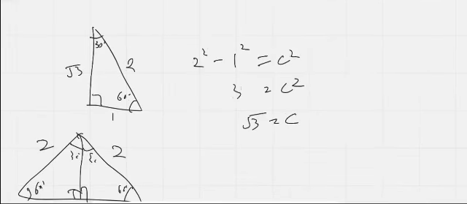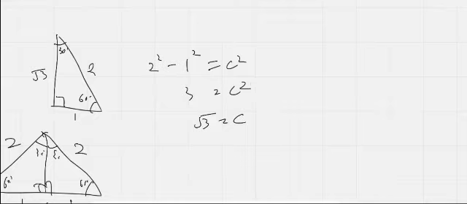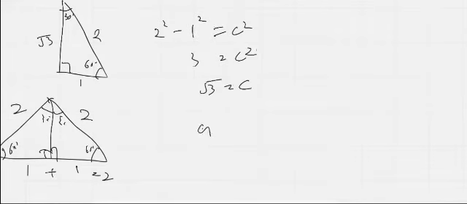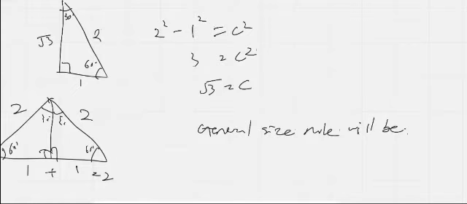And similarly for the other 45, 90, 45, the general side rule will be: the shortest length, or the one next to the 90 degree angle, will be x, and the other side will be 2x, and last but not least, next to the 30 degree angle, will be x root 3.